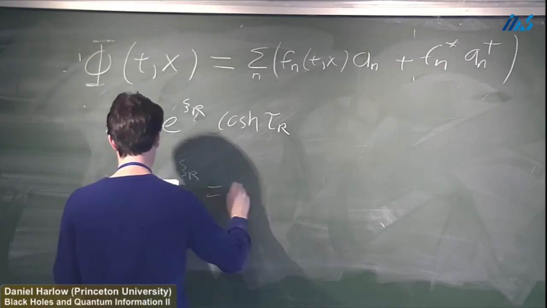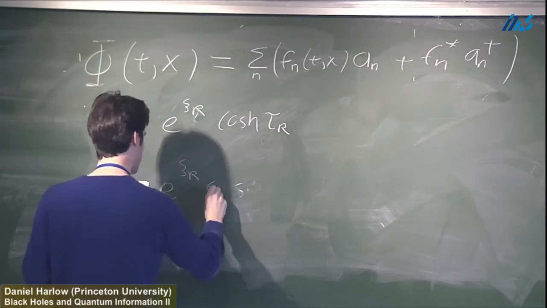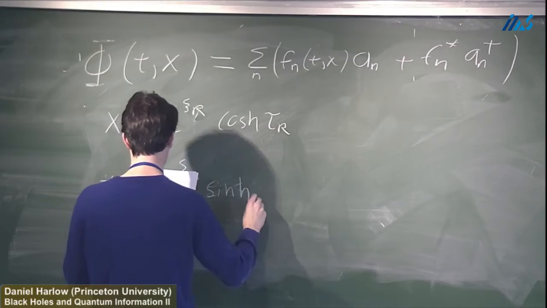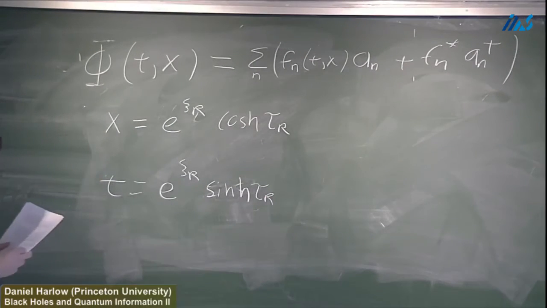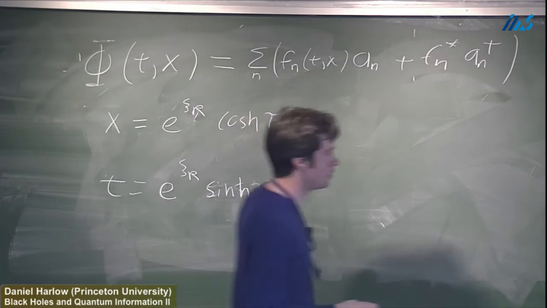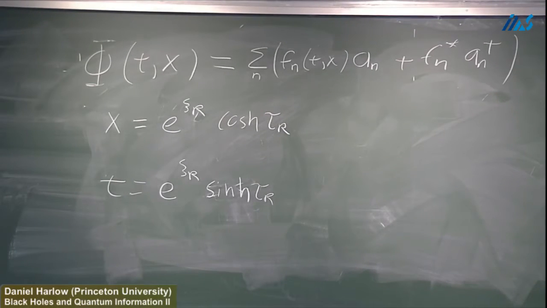The details of this don't matter too much. The only thing to remember is that in this picture, the lines of constant xi are these hyperboloids, and the lines of constant tau_R are these lines here.